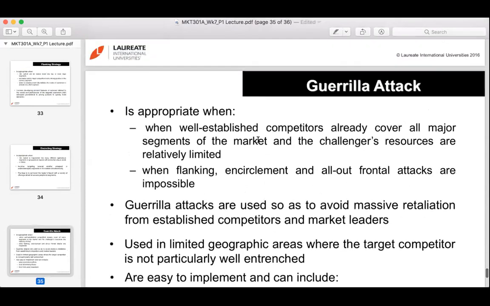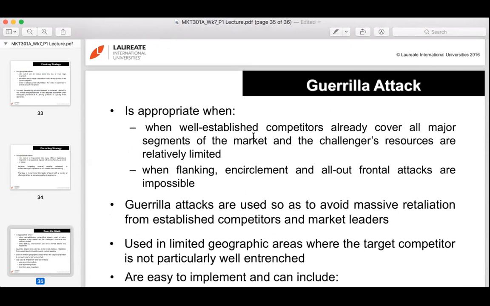And the last one is the guerrilla attack, which is appropriate when well-established competitors already cover all major segments. So it's hard for us to compete with them.